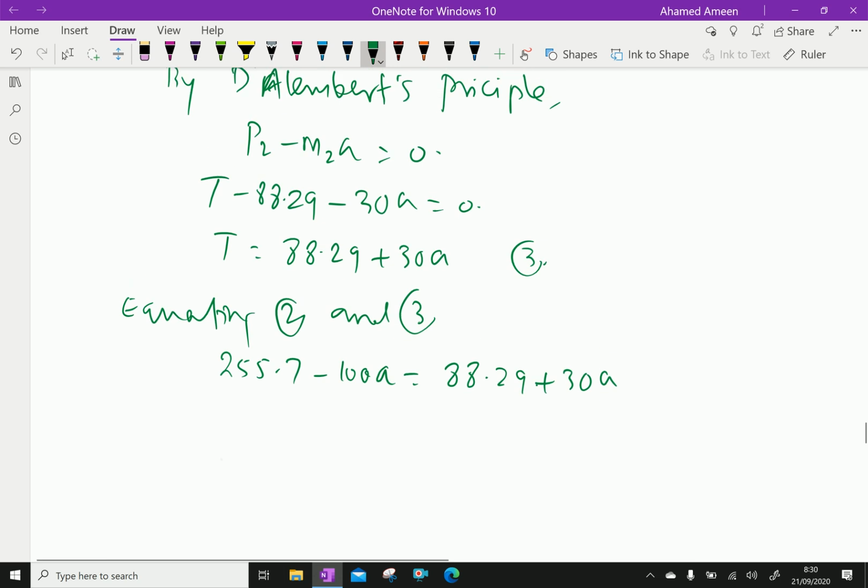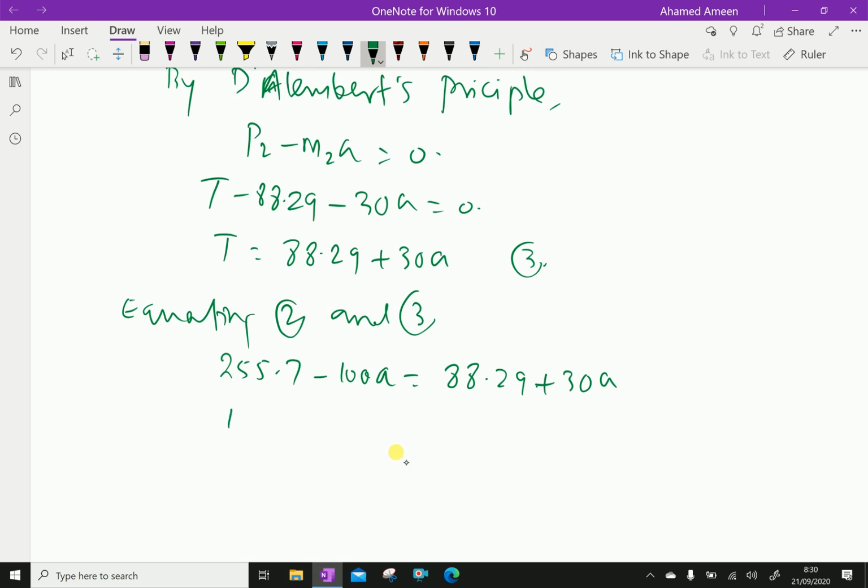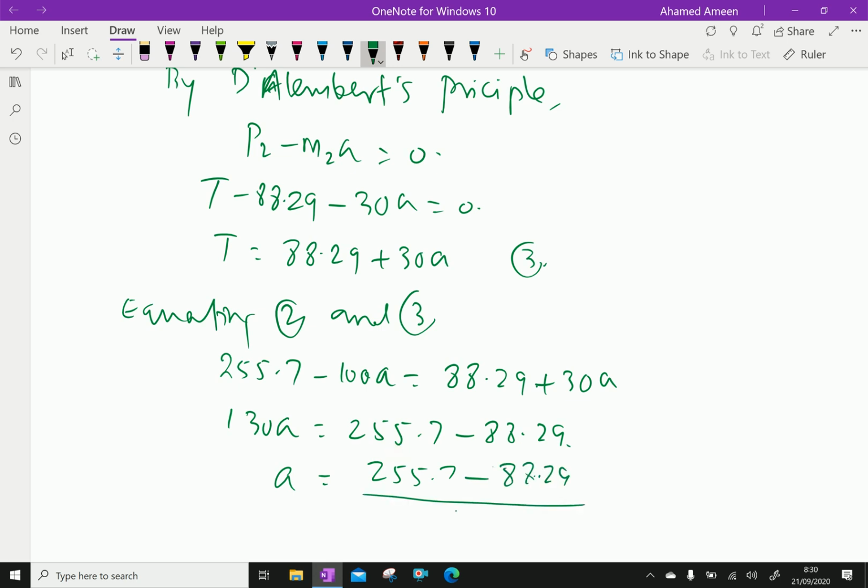Now we get 130a equal to 255.7 minus 88.29, so a equals 255.7 minus 88.29 over 130.